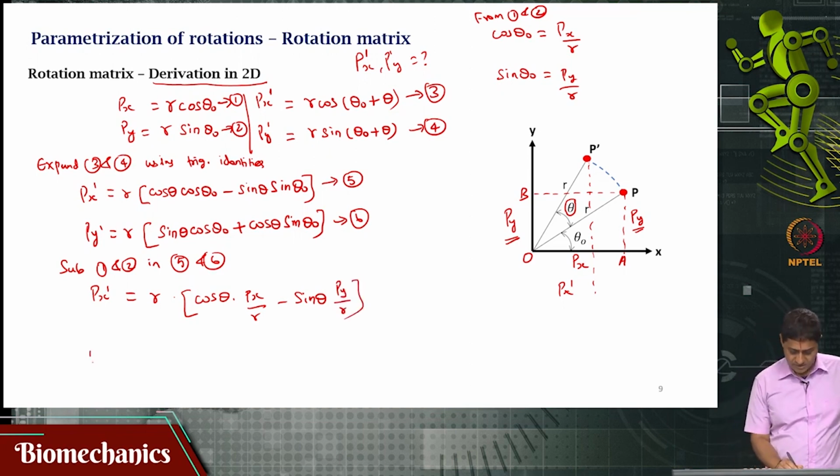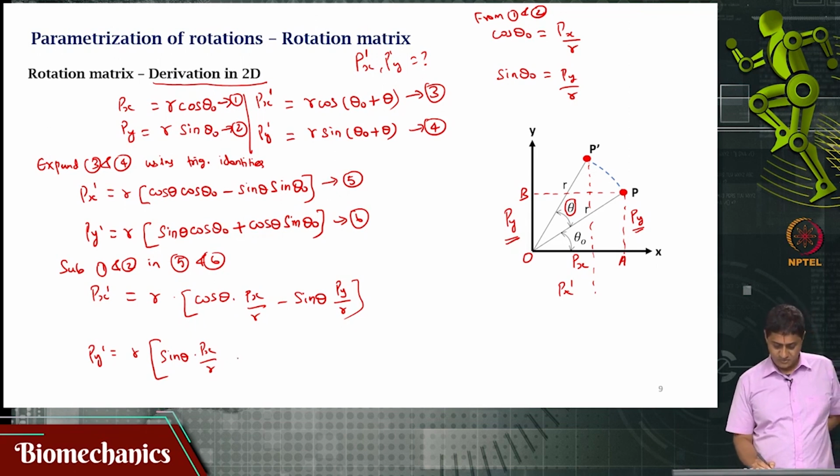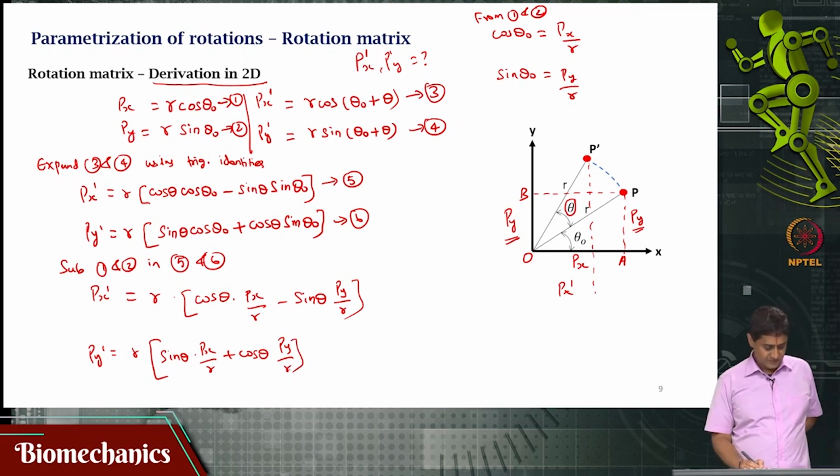Okay. Likewise, Py dash is r times sin theta cos theta naught, which is Px by r, plus cos theta sin theta naught, which is Py by r. Is it not?